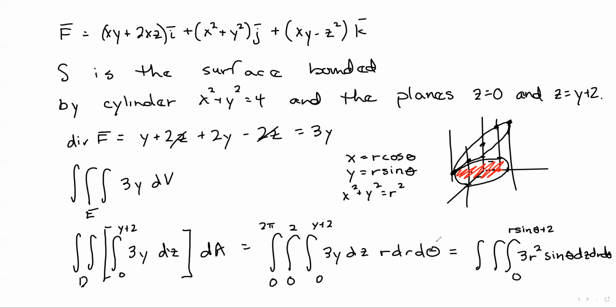Maybe it would have been easier to do the first integral and then do the second set of bounds, but that's okay. And so now we've got everything set up, and we only have 3 variables, z, r, and theta. And so we're good to actually do our integral now.